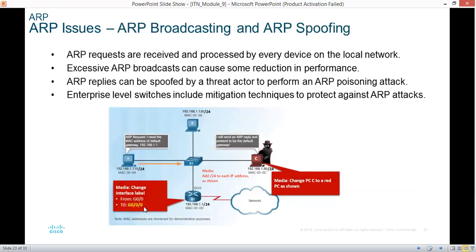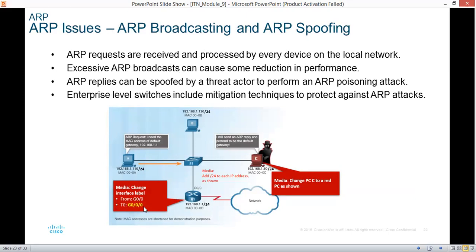Now, ARP issues: ARP broadcasting and ARP spoofing. This ARP, which helps you resolve your destination device, is also used by hackers, because from one system they can tell the destination devices on your network, since your ARP table keeps track of all the systems on the network. ARP requests are received and processed by every device on the network.